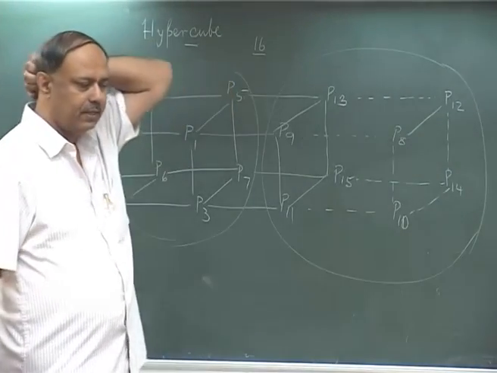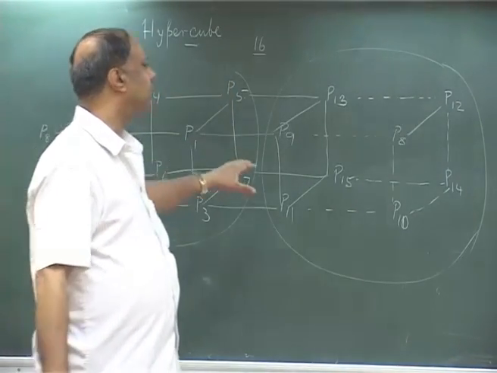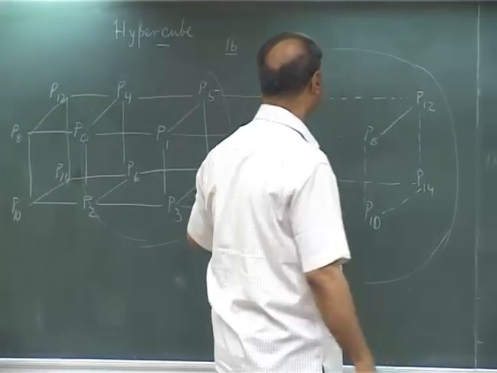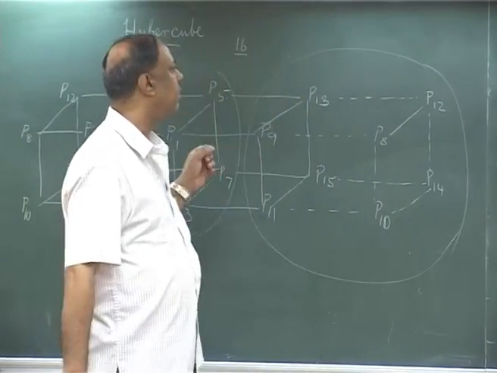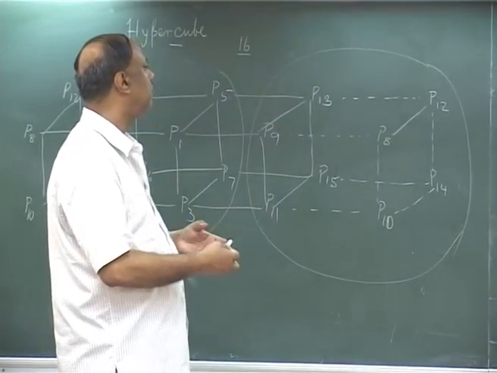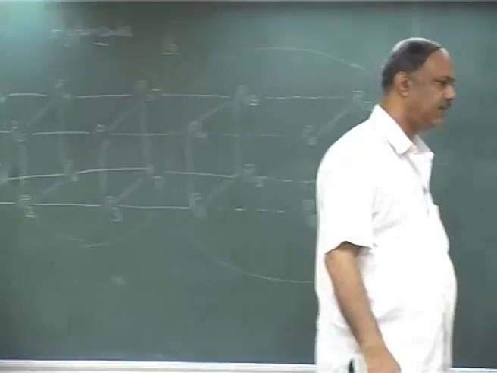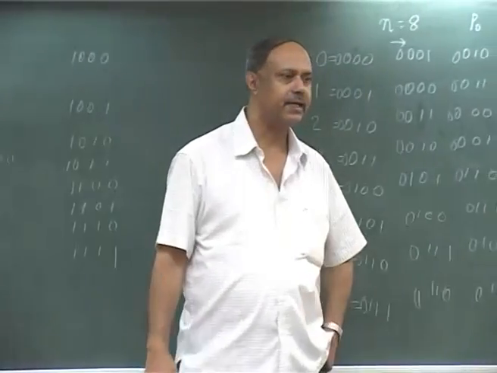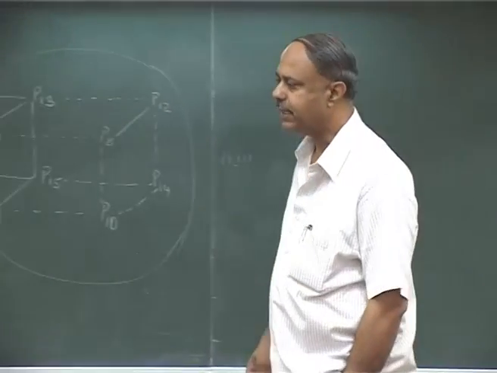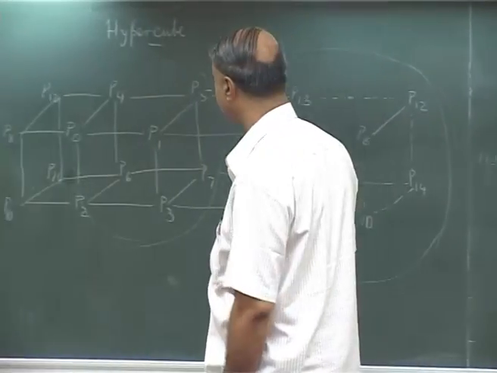Now if I have another 16 processors, similarly I can add these two sub-hypercubes to get a hypercube of size 32, and you will observe that you are adding only one additional link between the two processors.